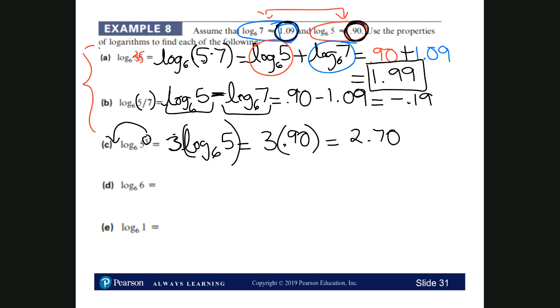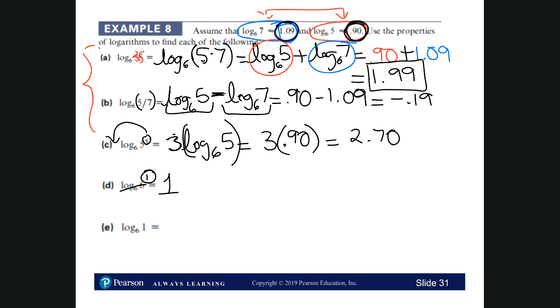Now for the next part, we have the log of 6 base 6. And so that one, we could use that rule that states that if the base matches the argument, that could be canceled out and the answer will become 1.